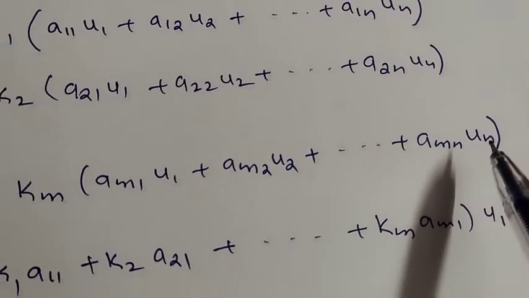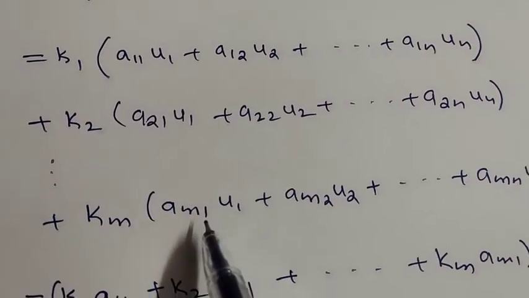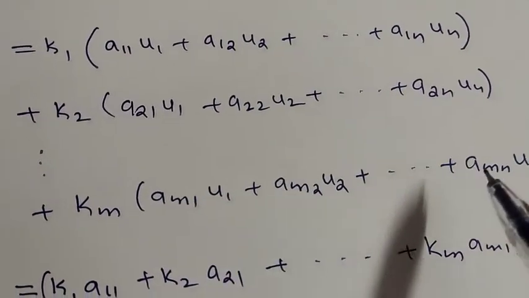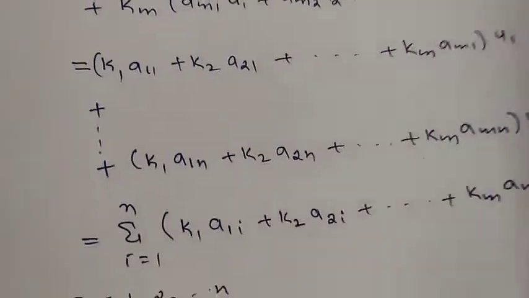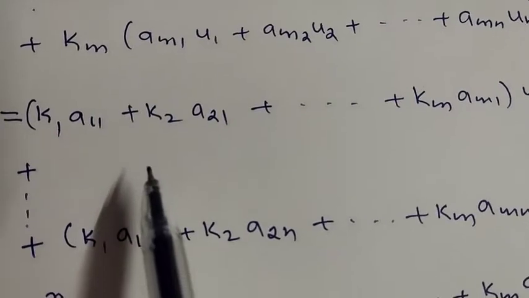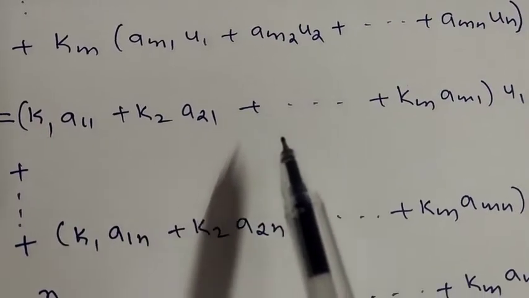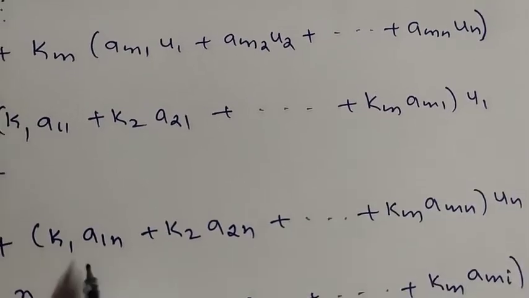Now collect the coefficients of U1, U2, etc. up to Un separately. You get k1 into A11 plus k2 into A21 etc. plus km into Am1, times U1, and so on.